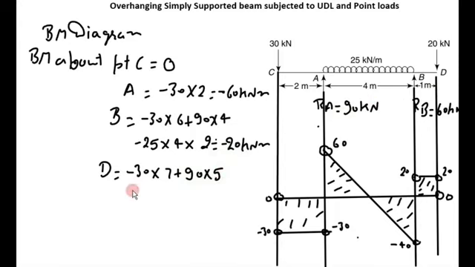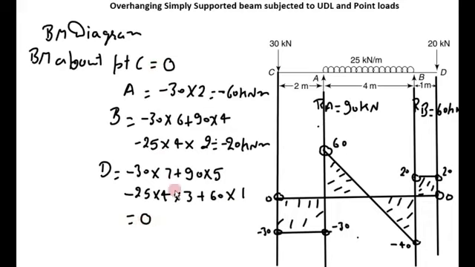UDL is 20 kilonewton acting on 4 meter, and distance of its CG from point D is 3 meter, and it tends to rotate the beam in anti-clockwise direction. Next force is RB, 60 kilonewton at a distance of 1 meter. So when we calculate, it comes out as 0.